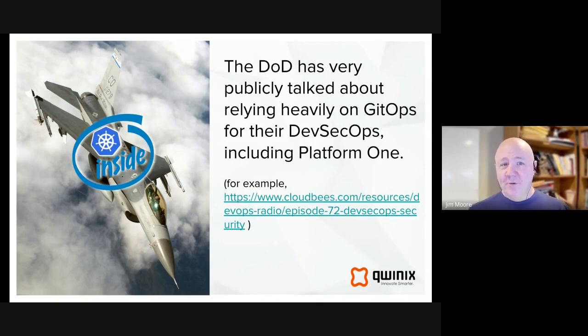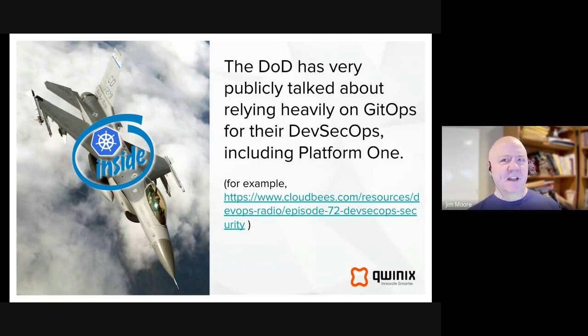So they do, in fact, rely very, very heavily on these processes because it helps make sure that everything gets properly accounted for, reduces the risk of human error, etc. And they've talked very, very publicly about that. I put the little Kubernetes inside because, again, kind of famously, the F-16 fighter jet runs Kubernetes for its flight systems.